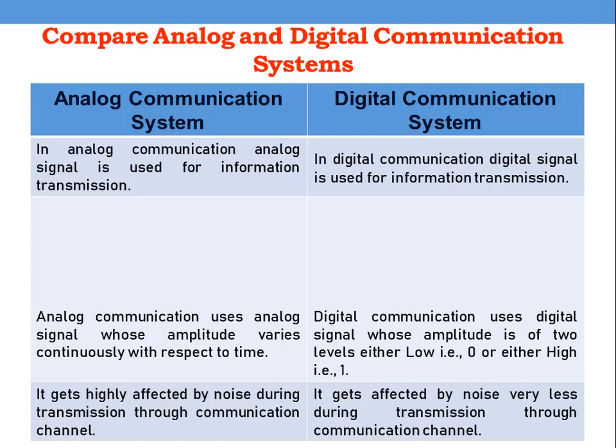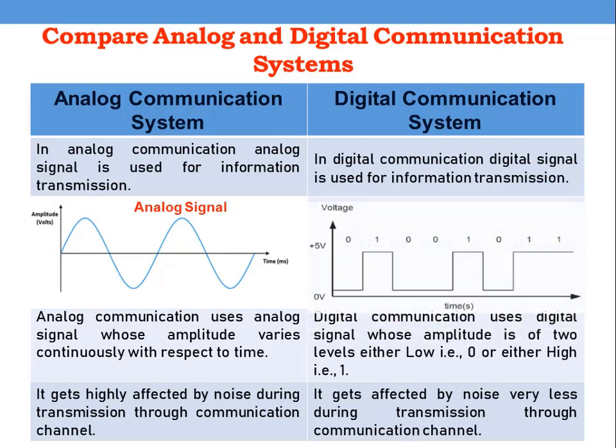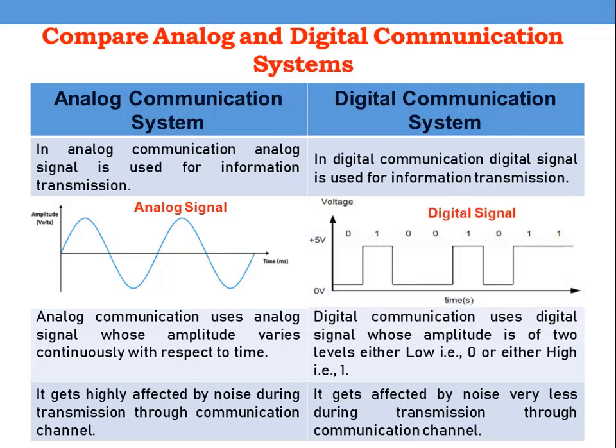The signal used in analog communication is called an analog signal, whose amplitude varies continuously with respect to time. Whereas in digital communication system, we use a digital signal whose amplitude has two levels, either low or high. In a digital signal, the low voltage level is called logic 0 and the high voltage level is called logic 1.